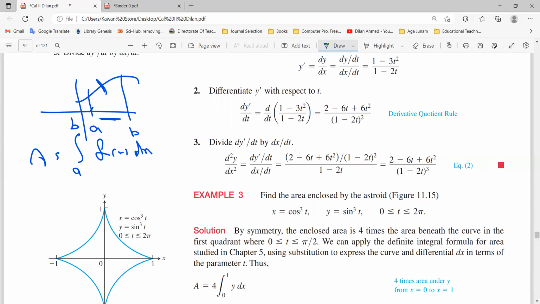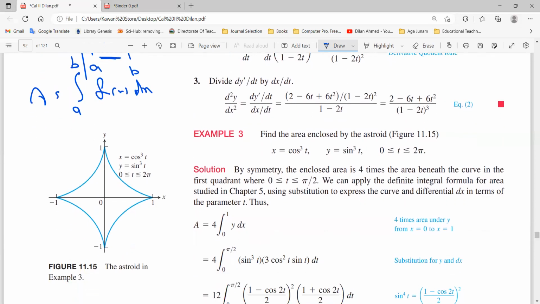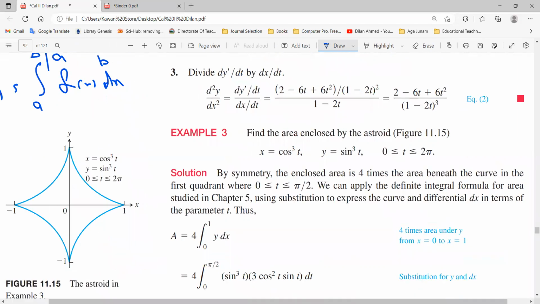Now, if you read the question, it says find the area enclosed by the figure, because the asteroid is not easy for you to sketch actually. So they give you the figure and need the area. You can see the area is 4 parts. All of them are equal because there is symmetry about the x and y axis.